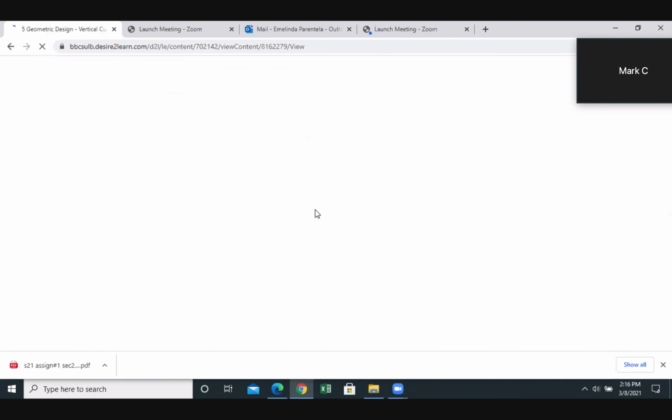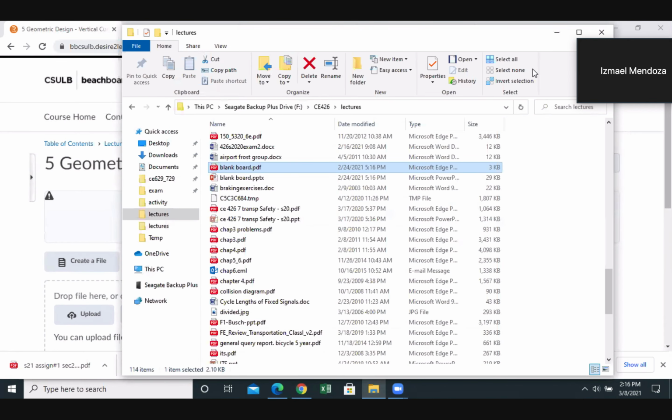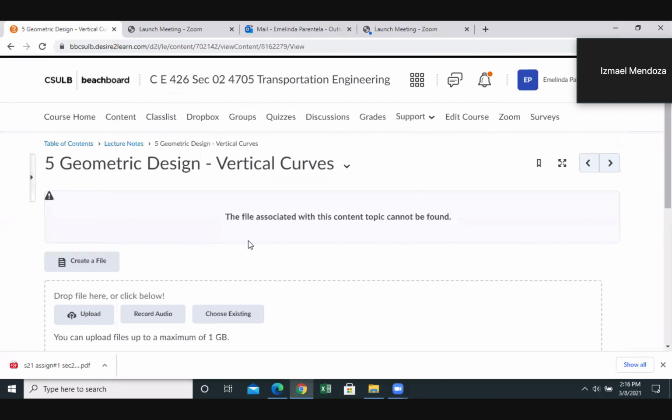When you click, it says files associated with the content topic cannot be found. So there's been apparently a glitch in Beachboard, and they said that you have to delete that file and then re-upload the file again. Okay, so it's a glitch.